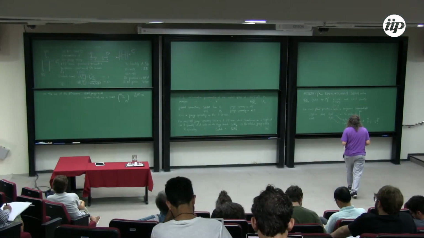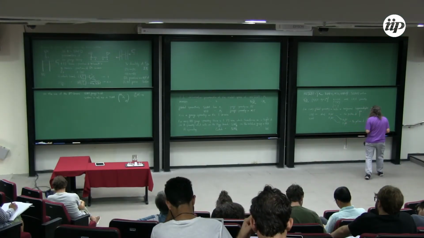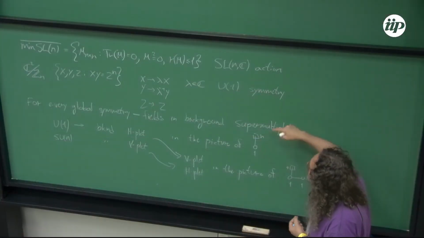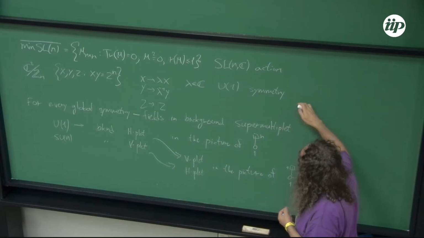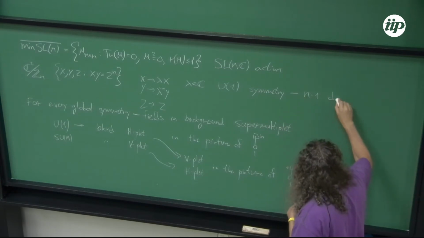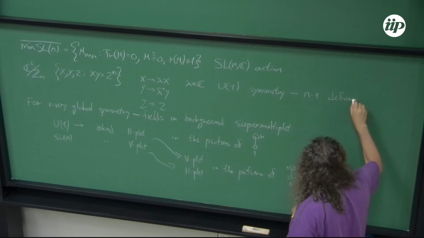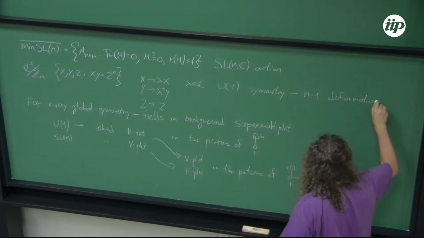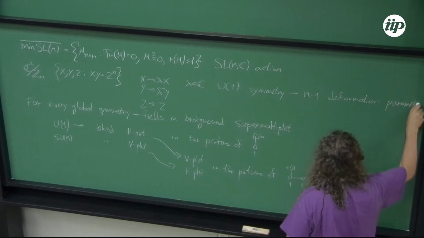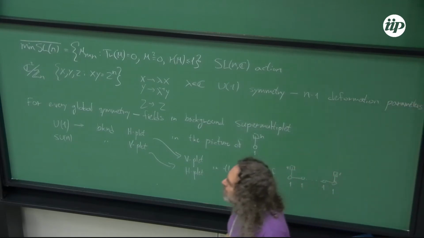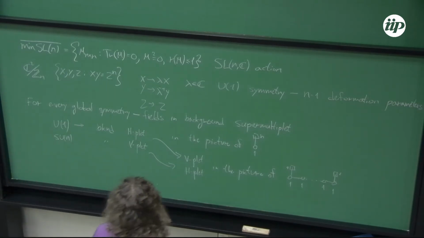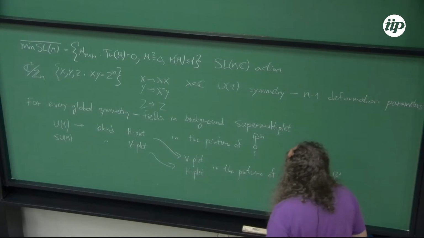Now, what do they mean geometrically for this space? This space has n-1 deformation parameters, and there is a simple way of seeing this.